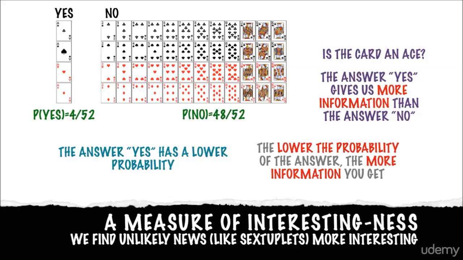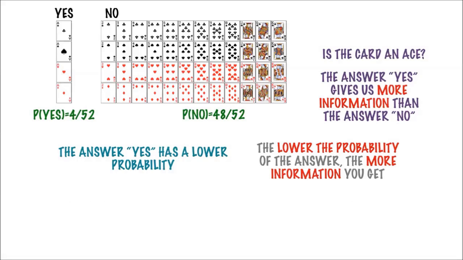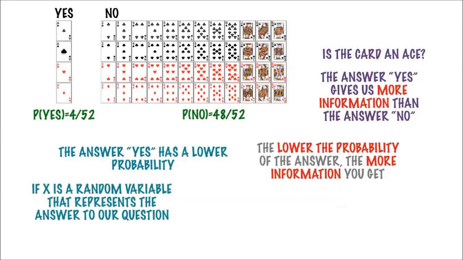The ones that you wouldn't expect to happen. Someone having sextuplets, for example. That is something that is very unlikely to occur. So that news is very interesting to us. So information is inversely related to the probability of something occurring.